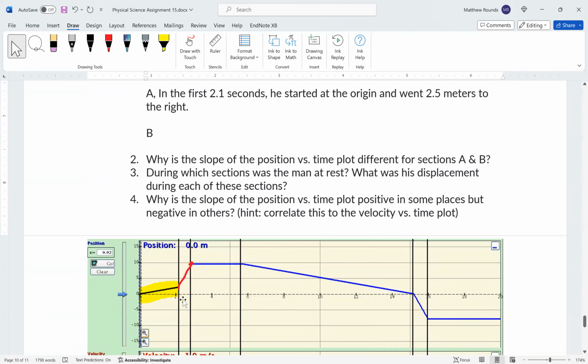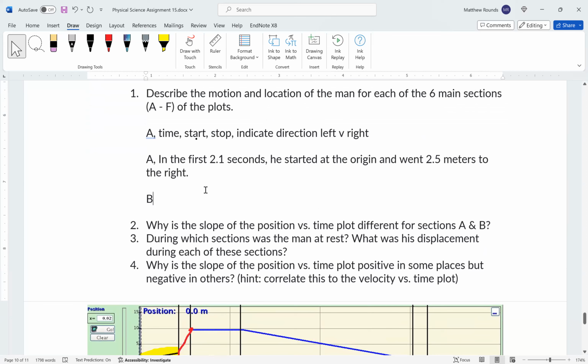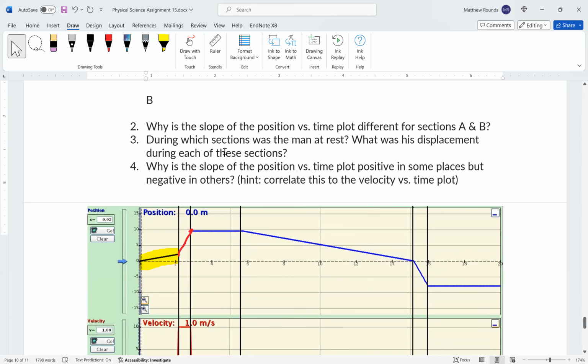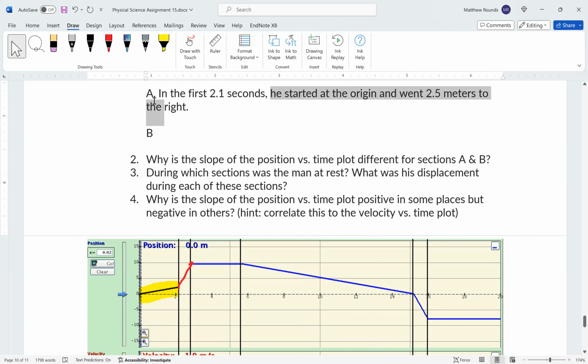I guess I'll say 2.5. Actually, we don't have to talk about time. So we'll just say he started at the origin.